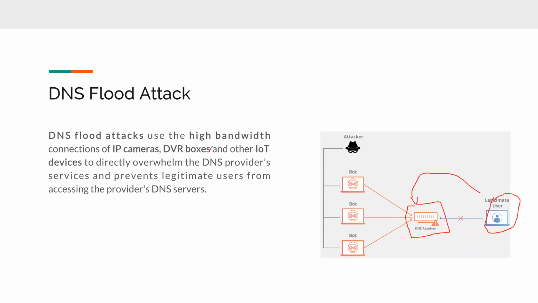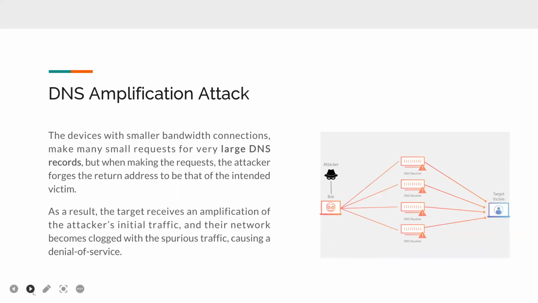One thing to notice is that the IoT device must be a high bandwidth device. Another type of attack is the DNS amplification attack. In the DNS flood attack, the device needs to be high bandwidth, but in this case the device can be smaller bandwidth.